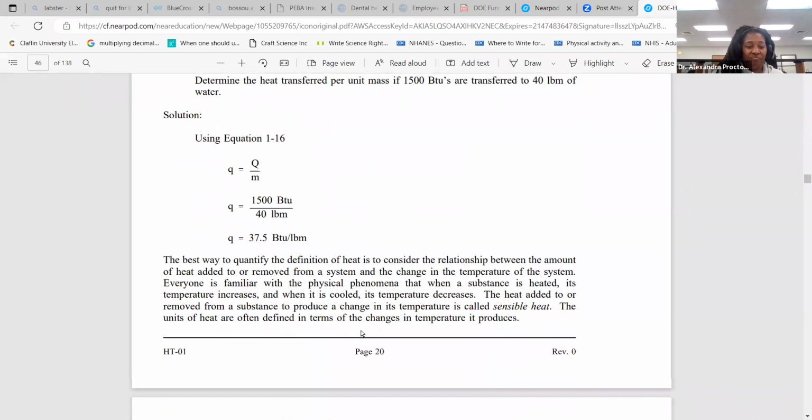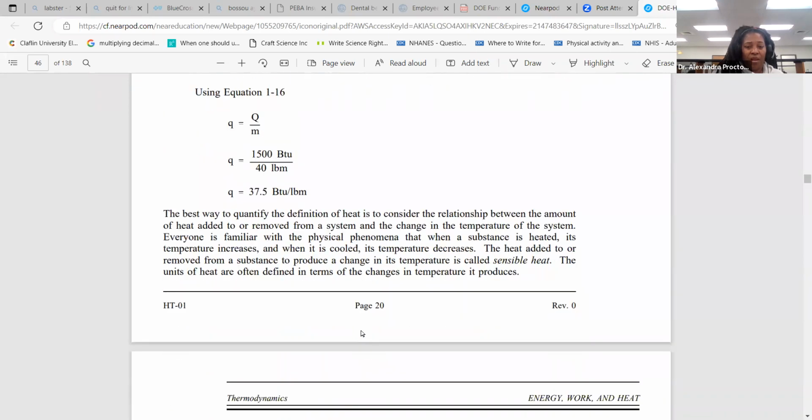So the best way to quantify the definition of heat is to consider the relationship between the amount of heat added or removed from the system and the change in temperature of that system. Everybody's familiar with this: when a substance is heated, we know the temperature increases.